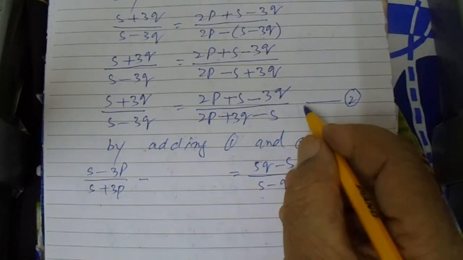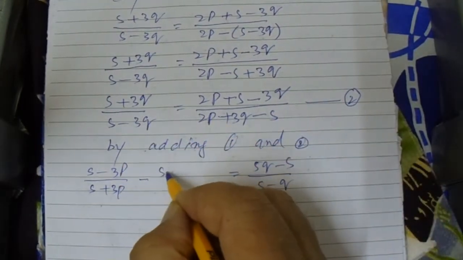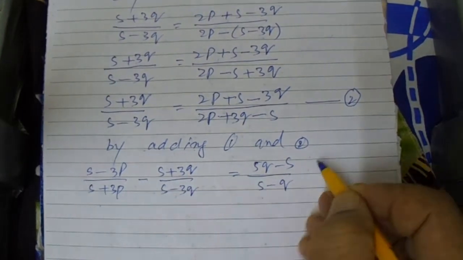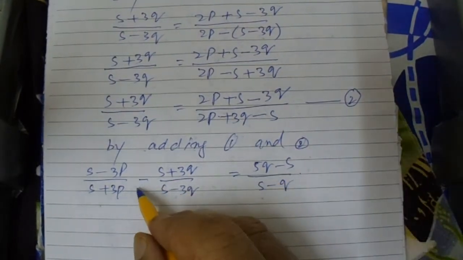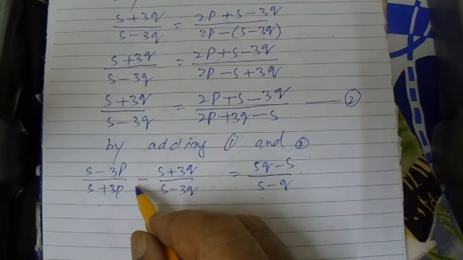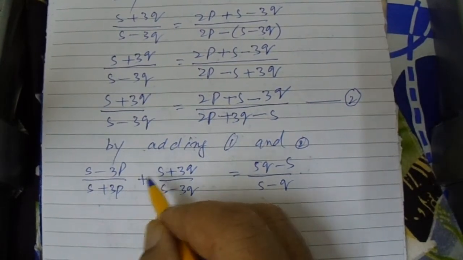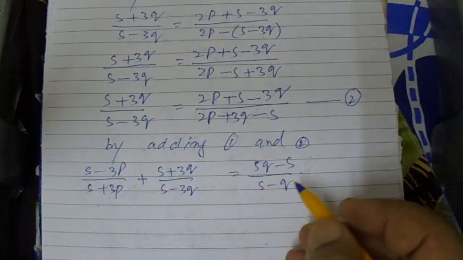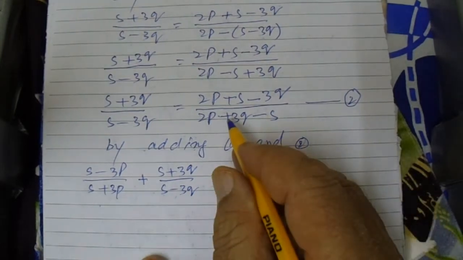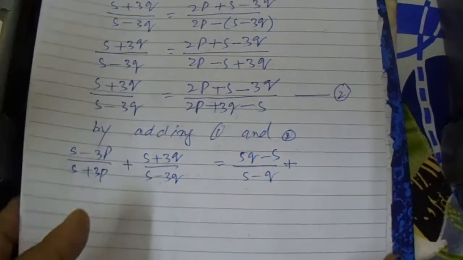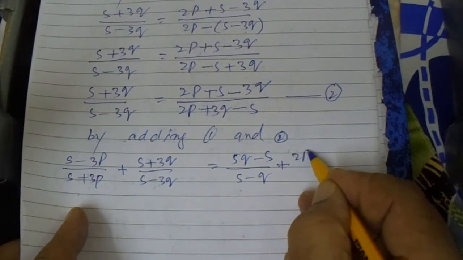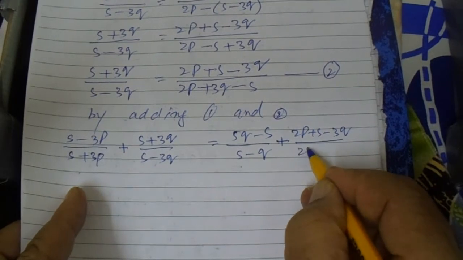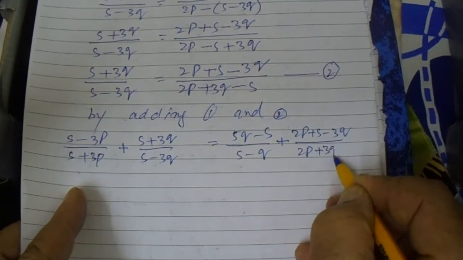Now again, this is our second, s plus 3q over s minus 3q, and this not minus, this plus, by adding, yes, good, and here plus also adding this, and we write this 2p plus s minus 3q over 2p plus 3q minus s.